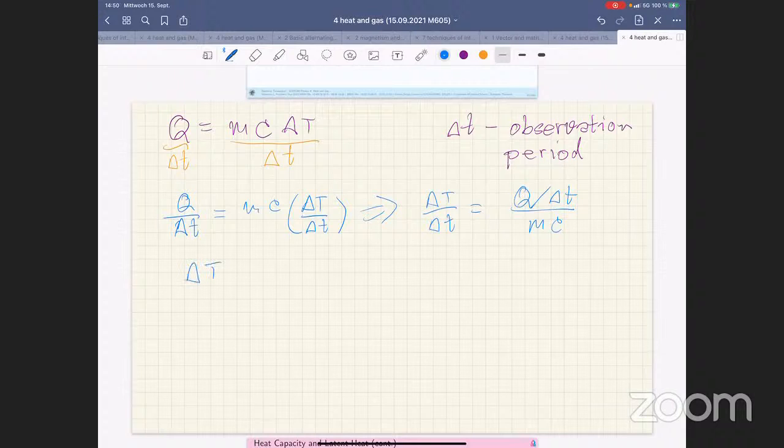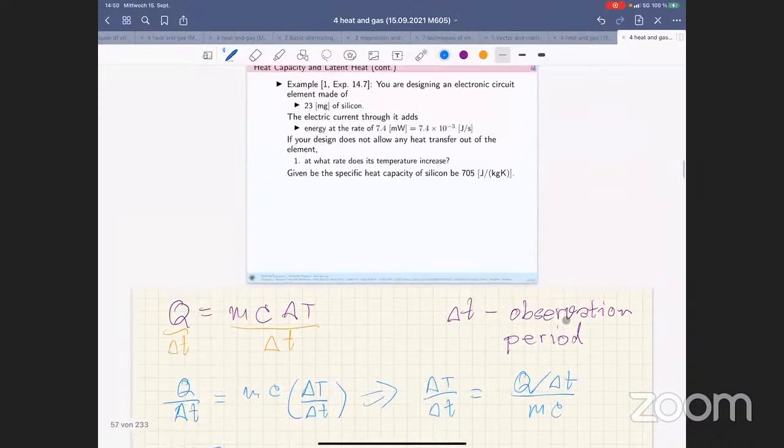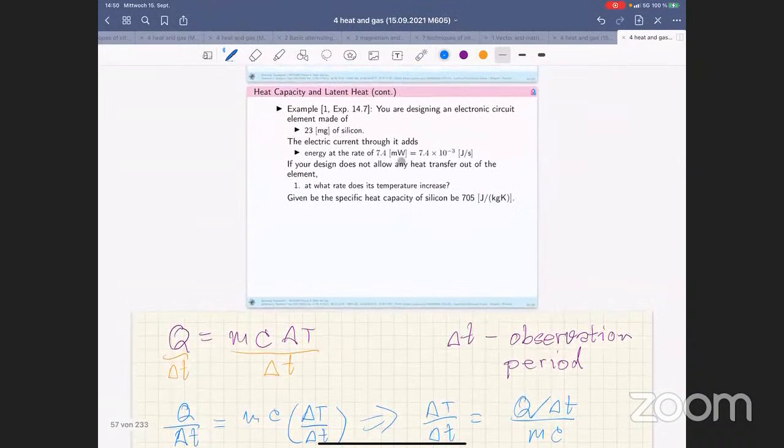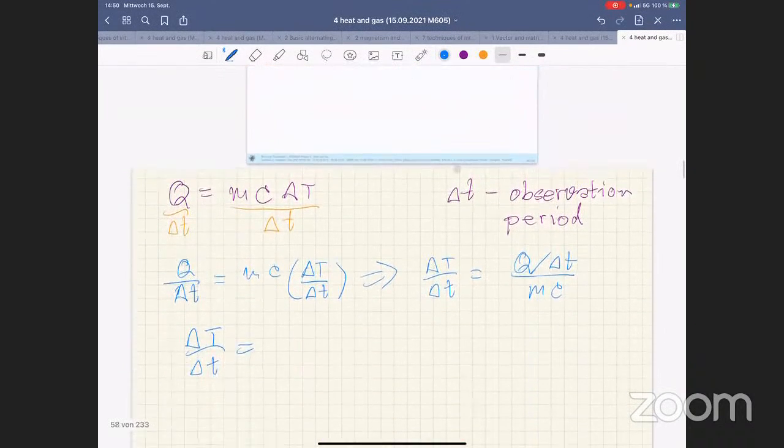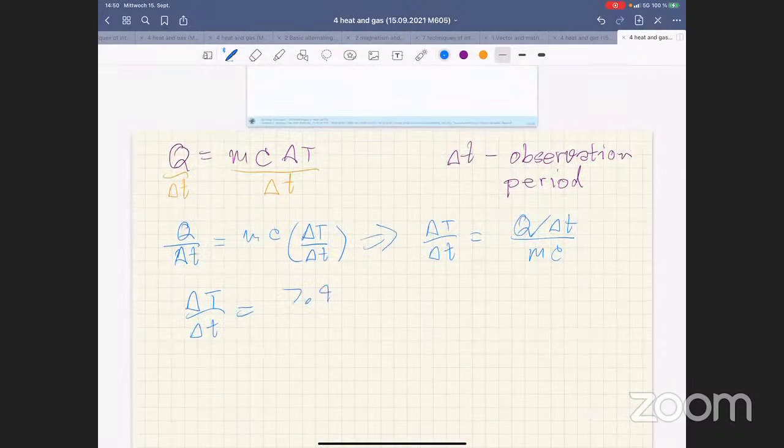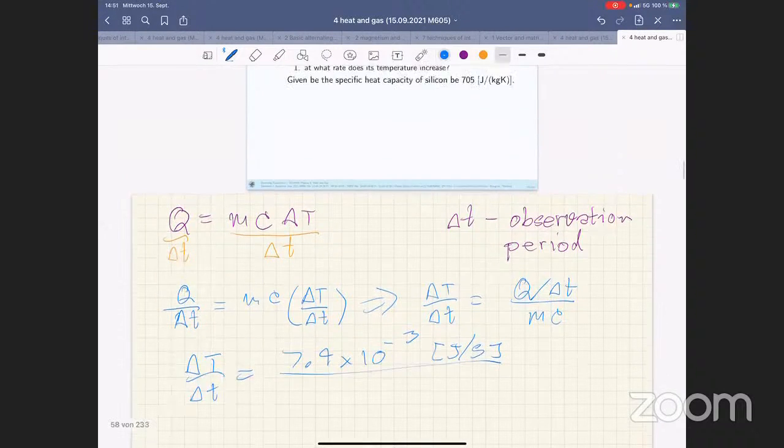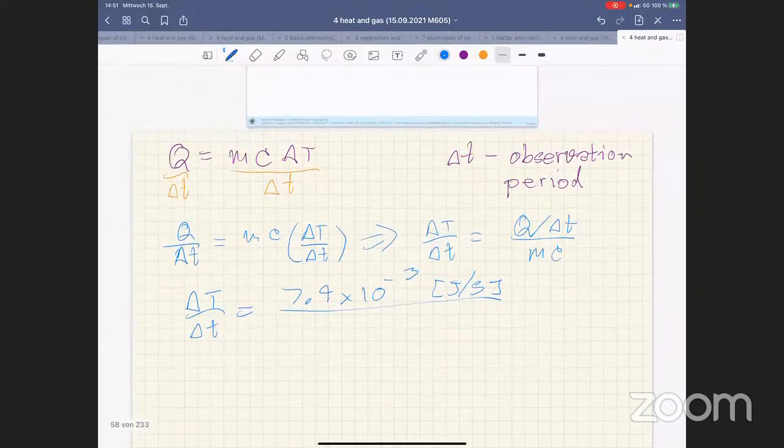The delta T by delta small t is going to be Q by delta t, which is the energy per time, right? Which is this one, 7.4 times 10 raised to -3 joule per second, right? Then we get M and C, right?